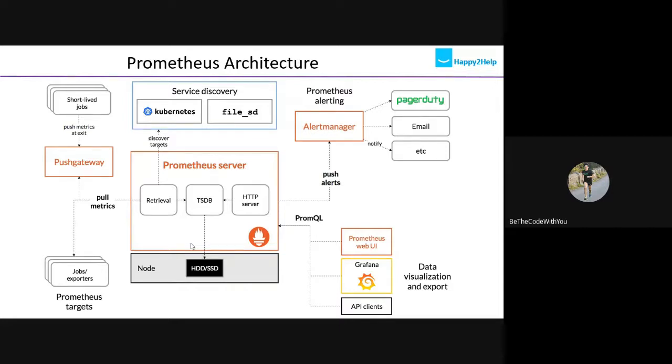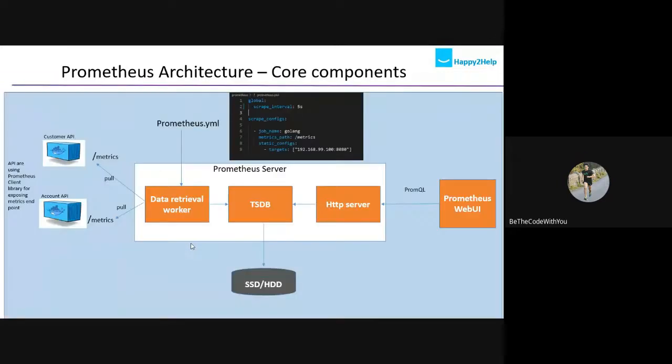No worries. Okay, so these are the core components. I just zoomed in on the core component section. Here we have the Prometheus server and the prometheus.yaml file. This is a sample file. I'll show you the file which comes default with Prometheus, which has some alerting as well.